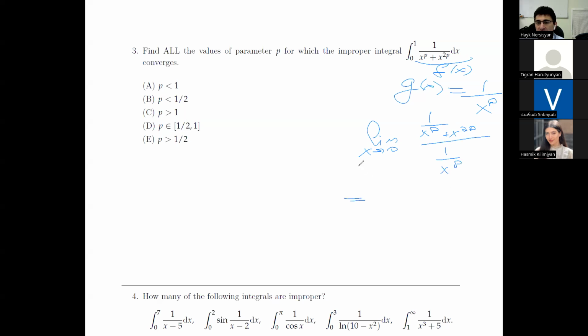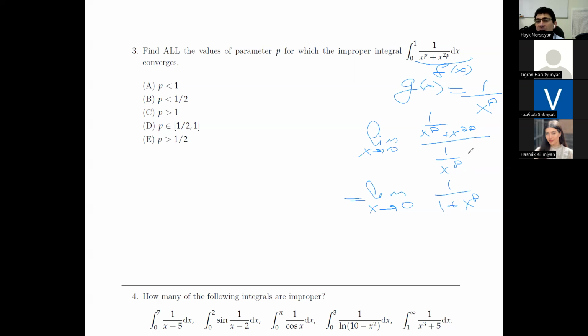Simplifying a bit, x^p jumps to numerator. We get x^p over x^p plus x^2p. Simplifying by x^p, both numerator and denominator, we'll get 1 over 1 plus x^p.